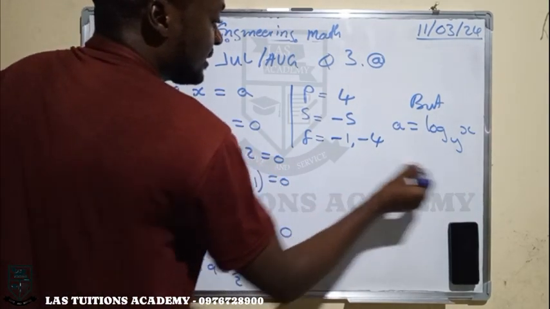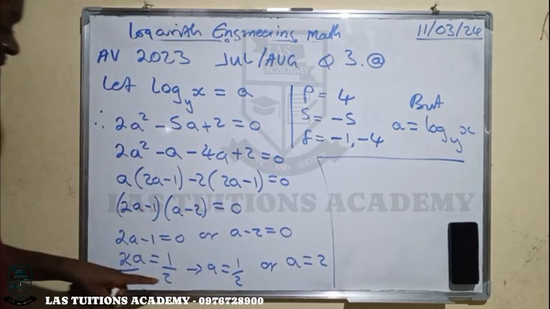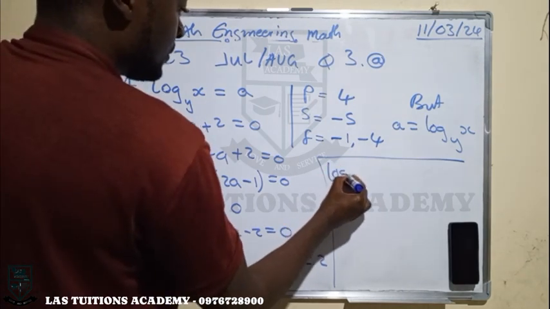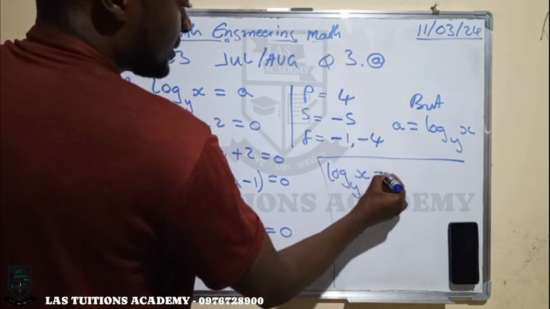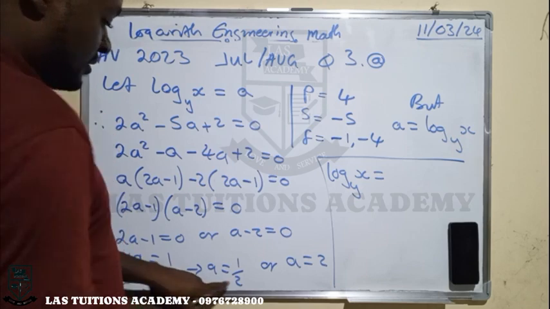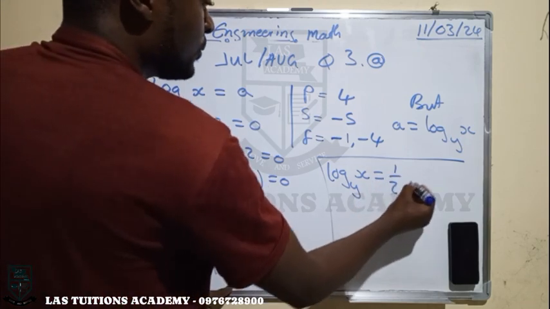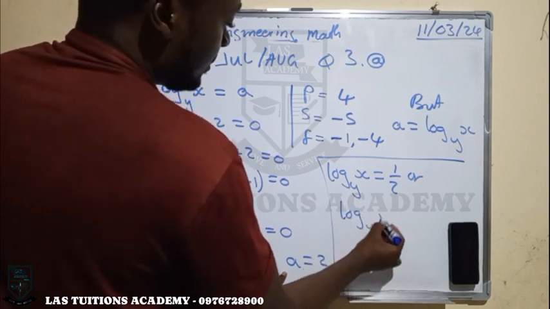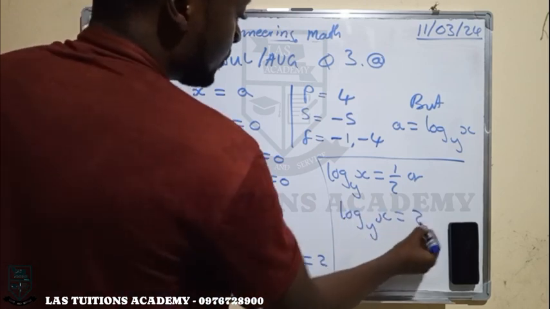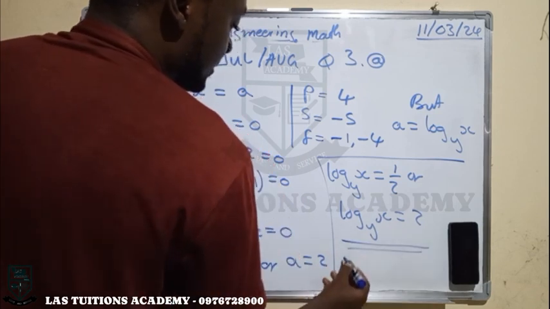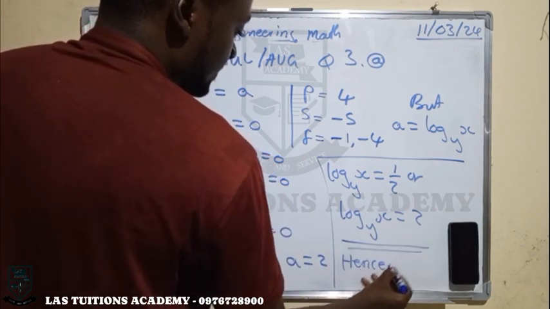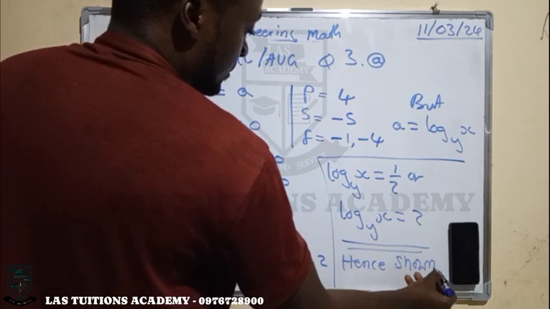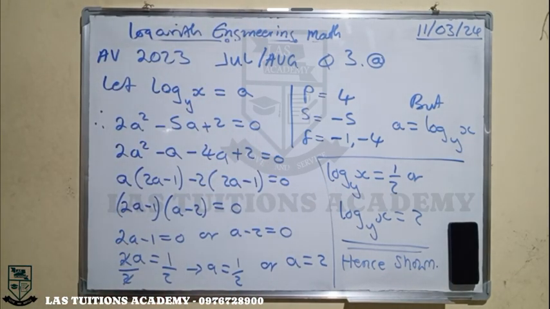So that gives us log x is equal to 1 over 2, or log x is equal to 2. And this is what we are asked to show. So you can say hence shown. Okay, so we have shown that that log there is either a 2 or half. Any question?